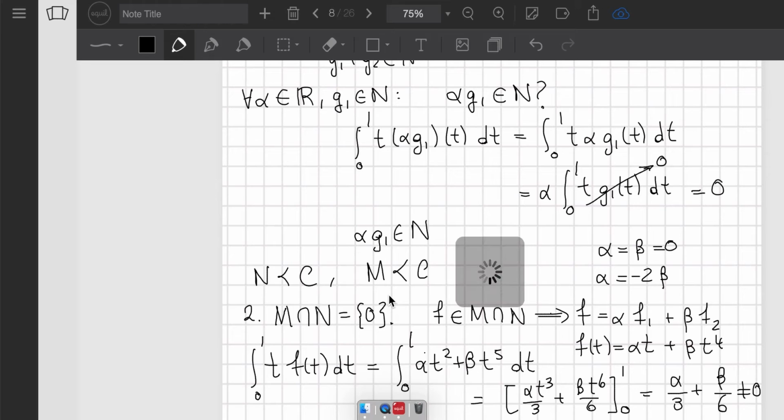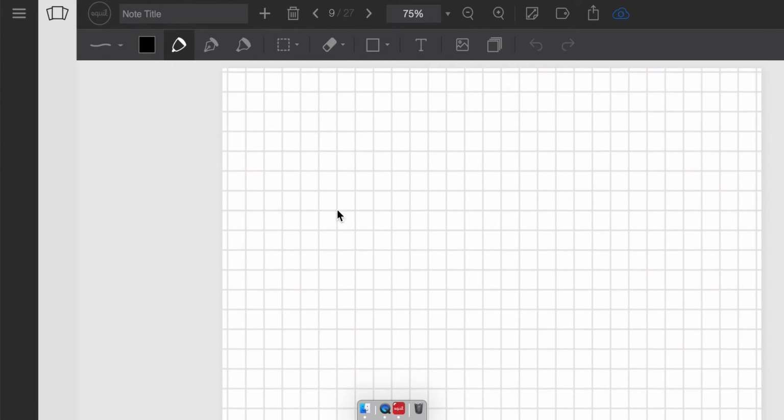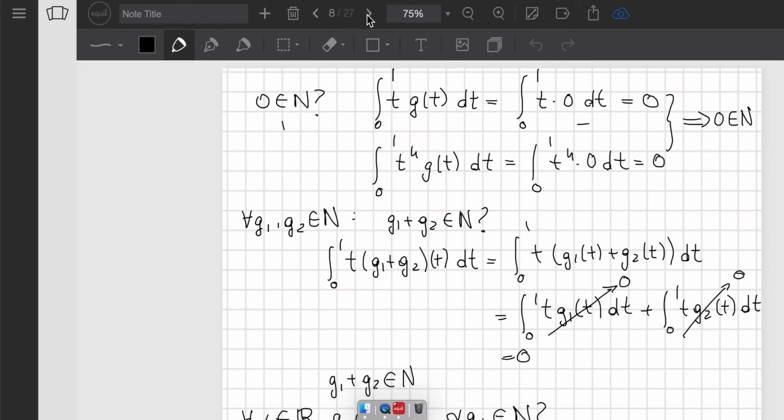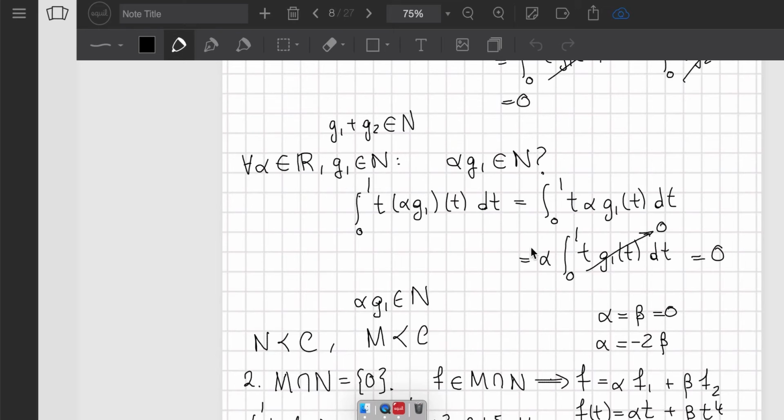That's not true. Why? Because remember, there's a second condition for a function to belong to N, and that is that the integral from 0 to 1 of t to the 4th times f(t) is equal to 0. Let's see if this is true. Okay, so this is equal to the integral from 0 to 1 of t to the 4th times alpha, which we defined to be negative 2 beta, right?